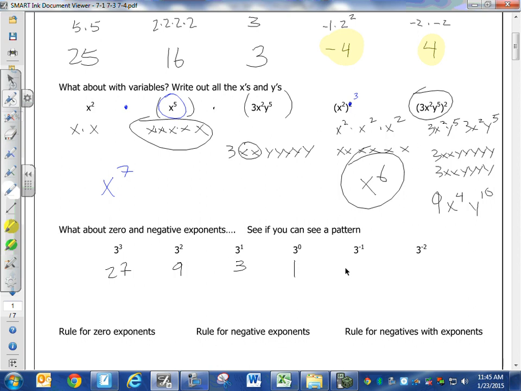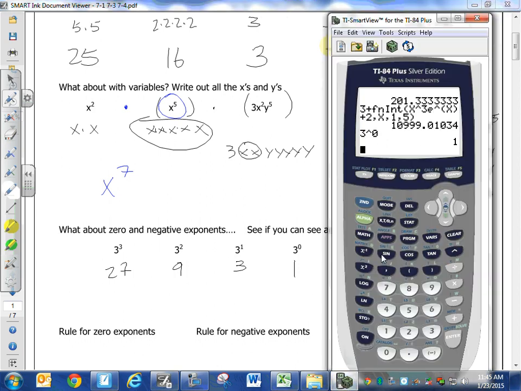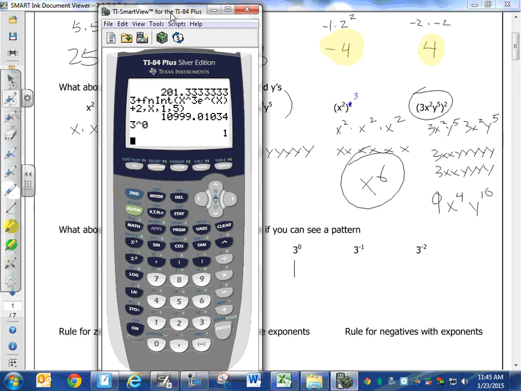What do you think 3 to the negative 1 is? Make it a fraction, please. What is 3 to the negative first? 1 over 3.